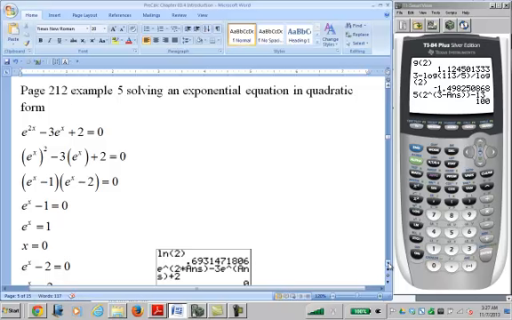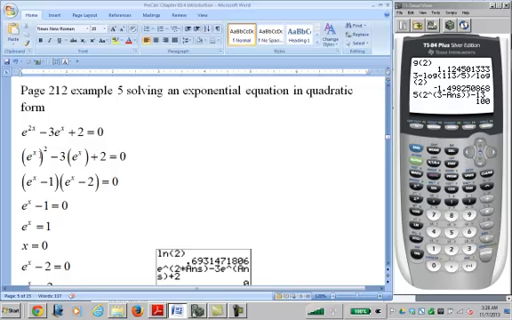Now what they want you to do is recognize that e to the 2x is the same as e to the x raised to the second power, which is an example of the property a raised to the power of b raised to the power of c equals a to the b times c. So e to the x squared minus 3 times e to the x plus 2.